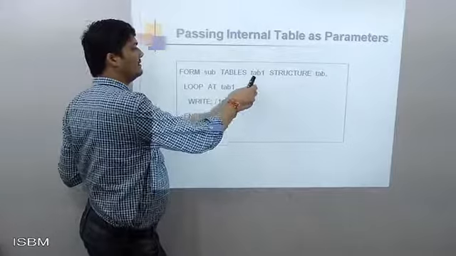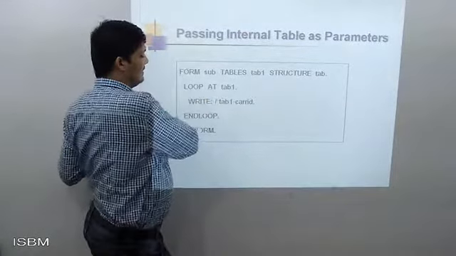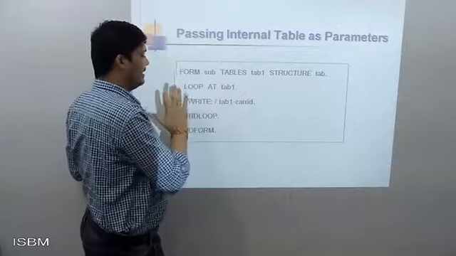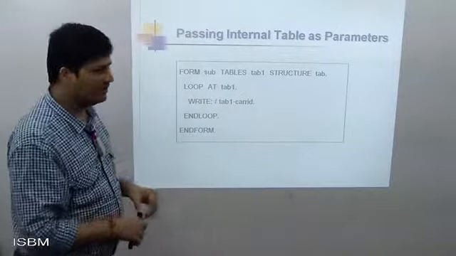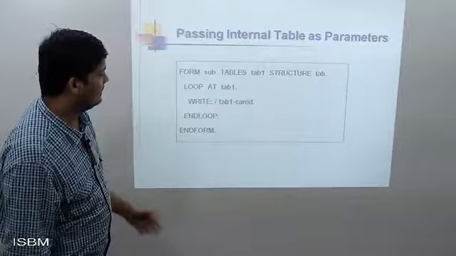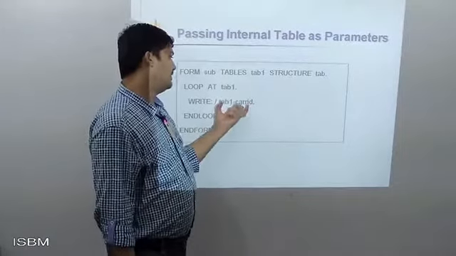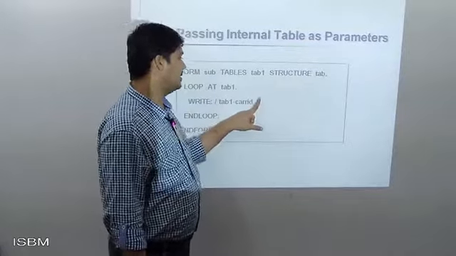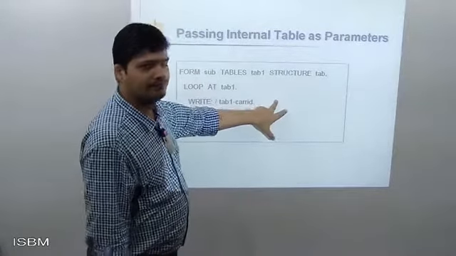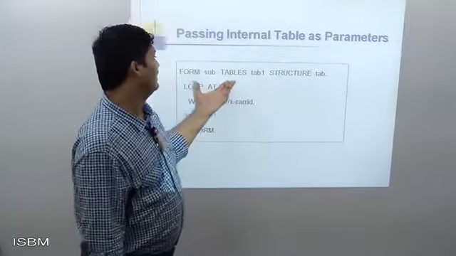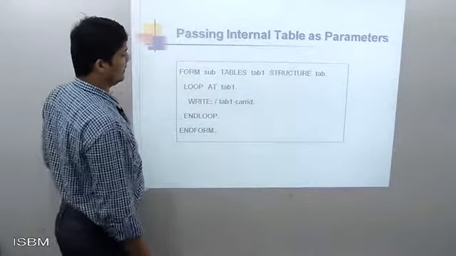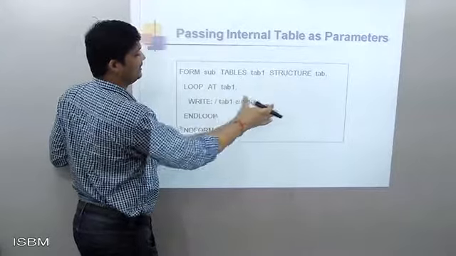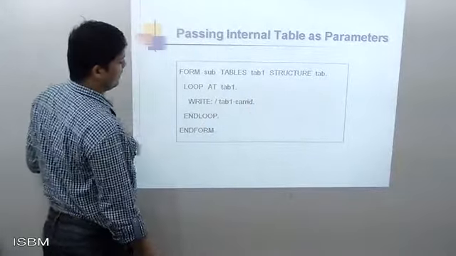After this declaration, I have written the loop on tab 1, and I have taken only one field, tab 1 carried ID. But if I want, you can take ID, then name, then whatever the structure has; whatever values are inside tab 1, you can check, declare, and write down.